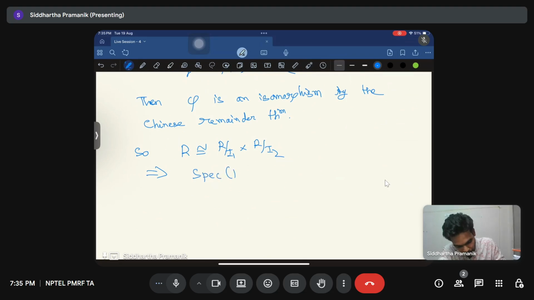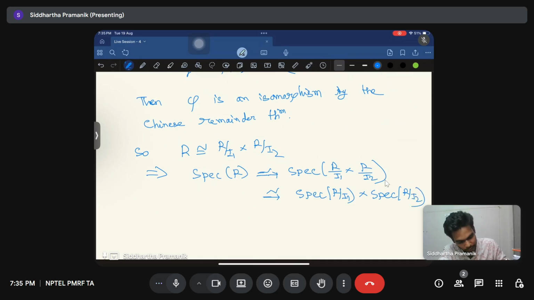That will imply there is a bijective map from the prime spectrum of R to the prime spectrum of R mod I1 cross R mod I2, which in turn is the prime spectrum of R mod I1 cross the prime spectrum of R mod I2. And this is basically the variety of I1 disjoint union the variety of I2.